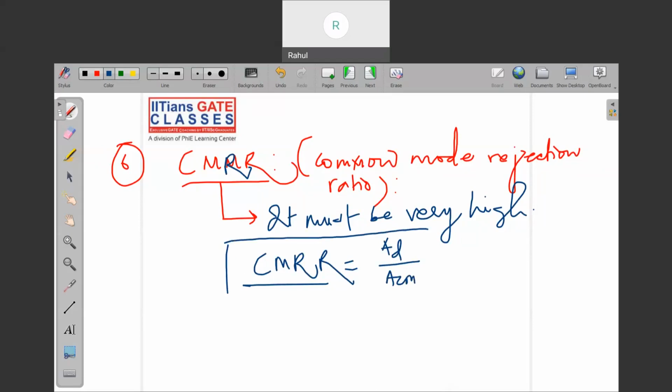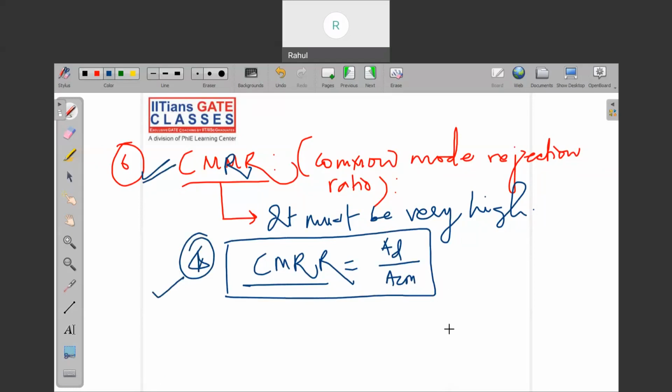You have to keep this in mind. In the examination, they will give you the differential gain and the common mode gain. If the common mode gain is zero, then CMRR will be infinite.